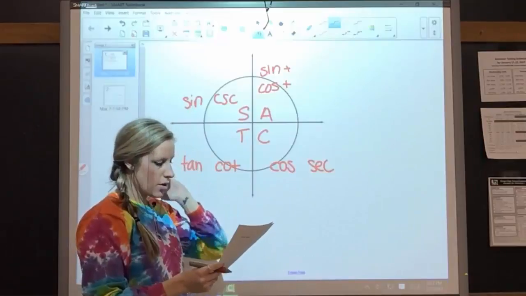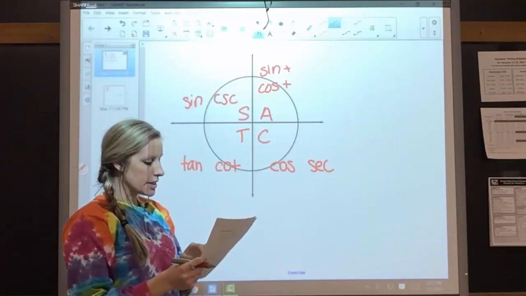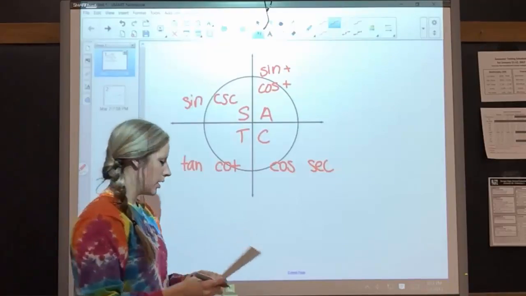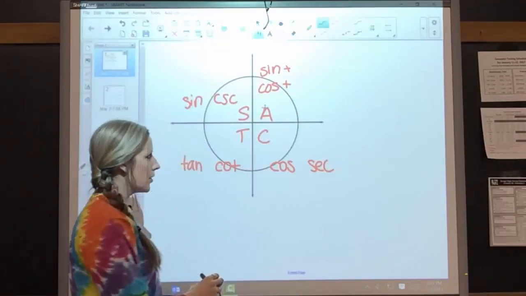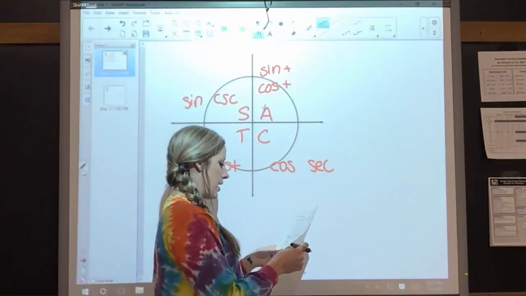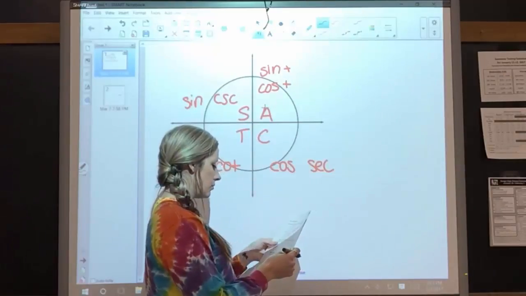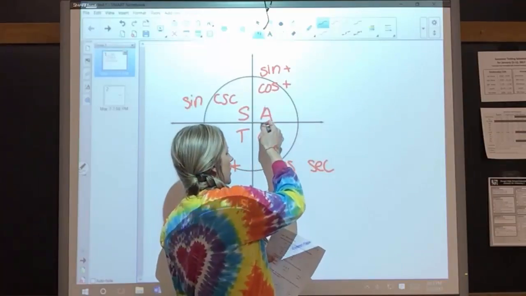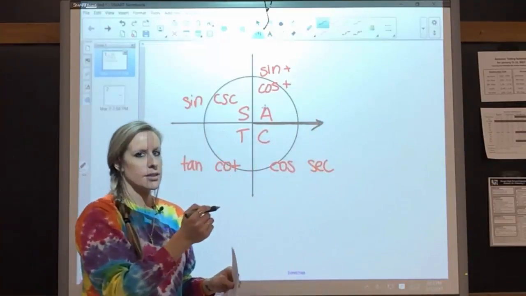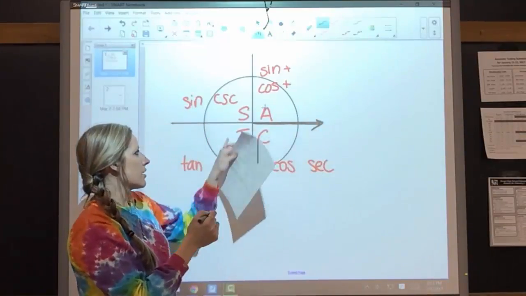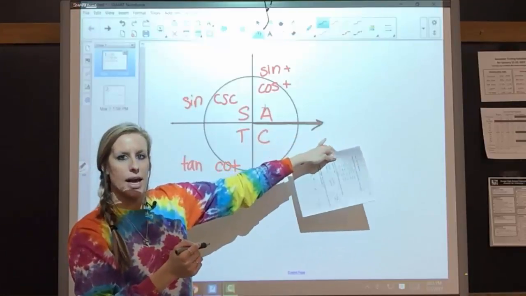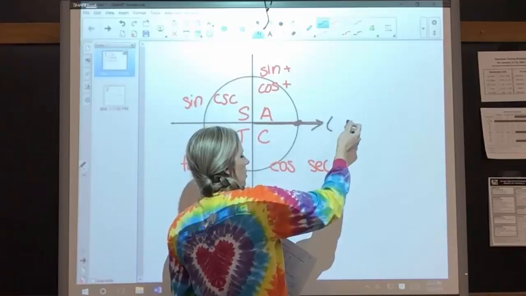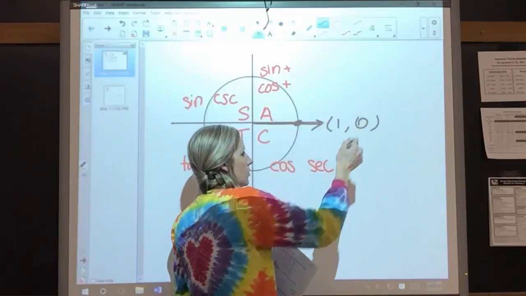Okay. So, number one says determine if the values of the function are positive, negative, or zero. The only way it would be zero is if, like we talked about yesterday, it's actually on an axis. So, like, if it was on this positive x-axis, the point is 1, 0, right?